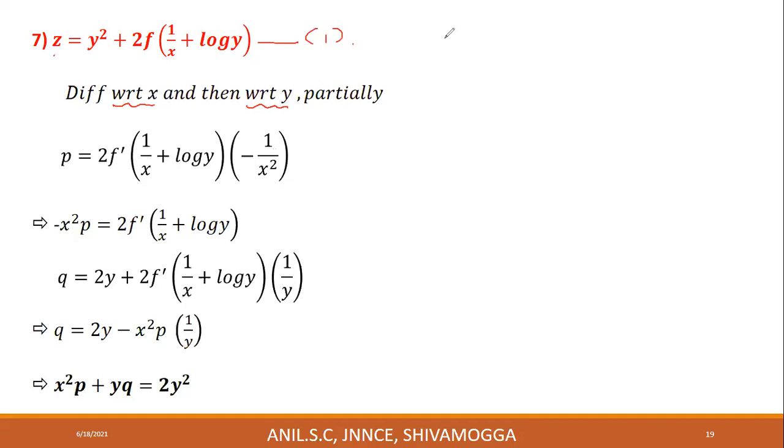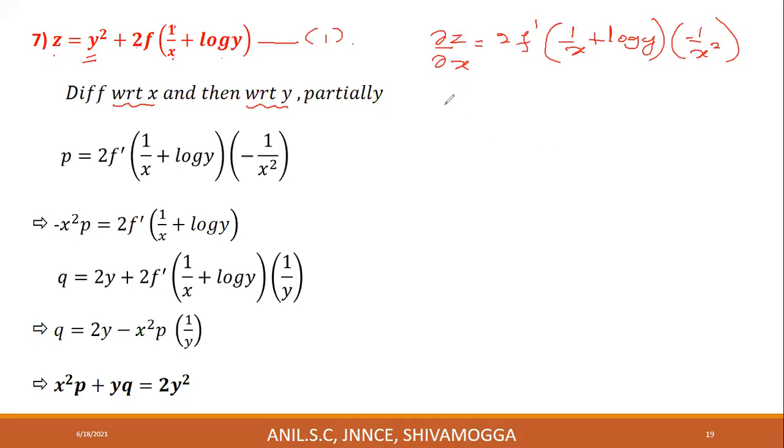Derivative of z is denoted by del z by del x. This is equal to y square is a constant, its derivative will be 0, plus here 2 is constant, keep it as this. Derivative of f of 1 by x plus log y is f dash 1 by x plus log y into derivative of 1 by x plus log y. Derivative of 1 by x is minus 1 by x square and derivative of log y is 0.